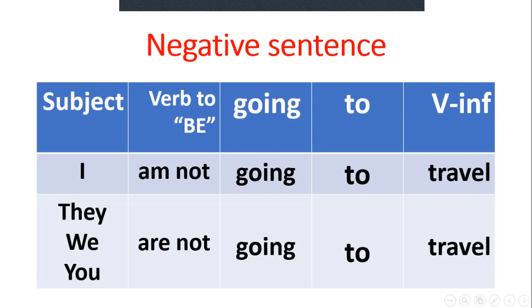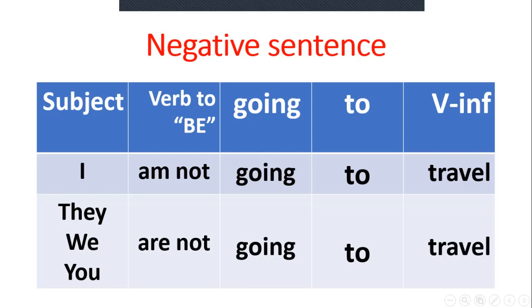Or also, we use verb to be am with I. I can say also, I am going to travel. This is a positive sentence, but if I want to make a negative sentence, we use what? Excellent. We use not, after verb to be.